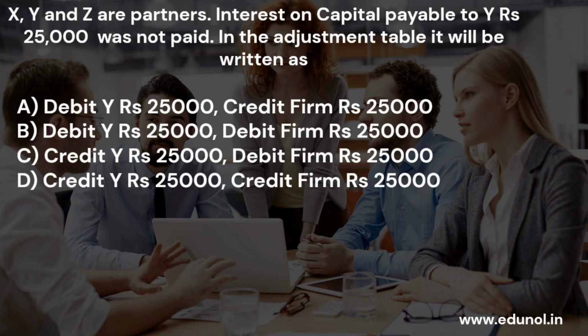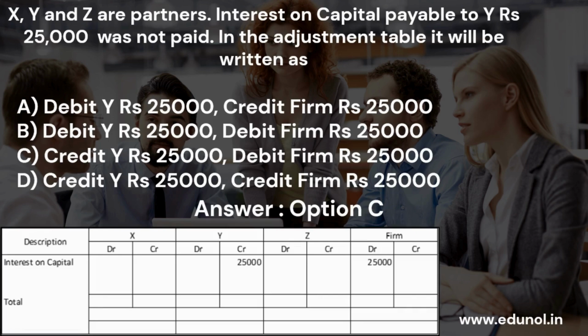D. Credit Y 25,000, credit firm 25,000. Answer: option C. In case of omission, only the correct entry is to be written in the adjustment table. And after that do the profit adjustment. Here only the interest on capital entry is shown.